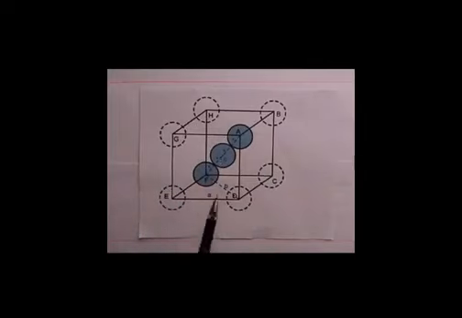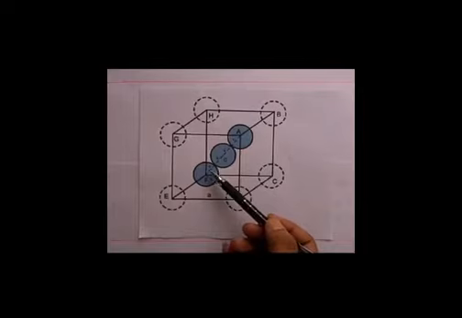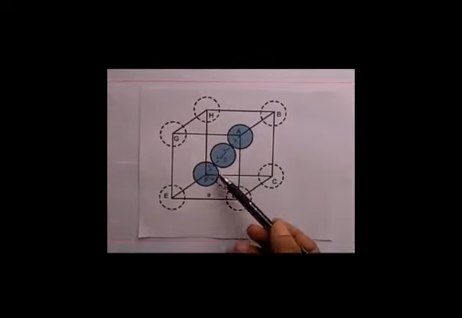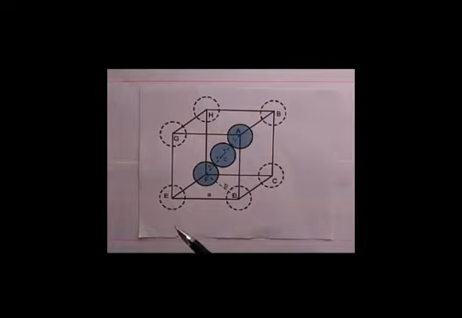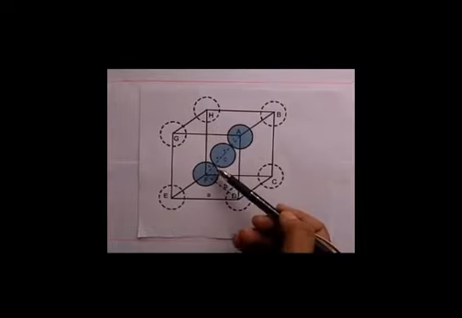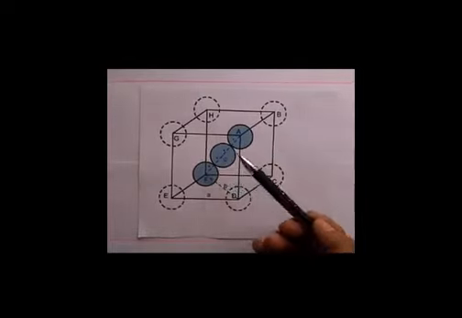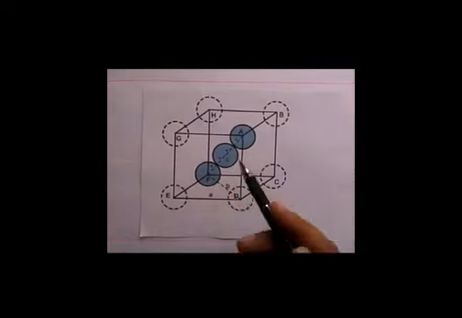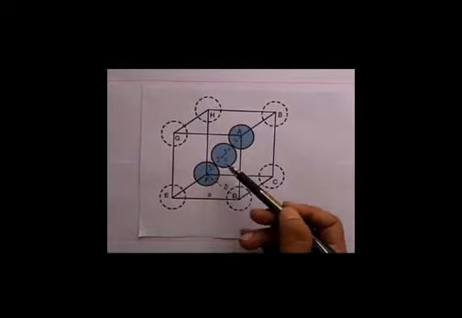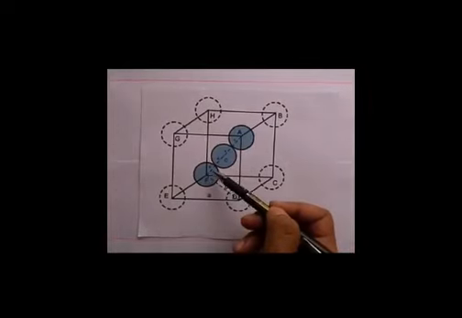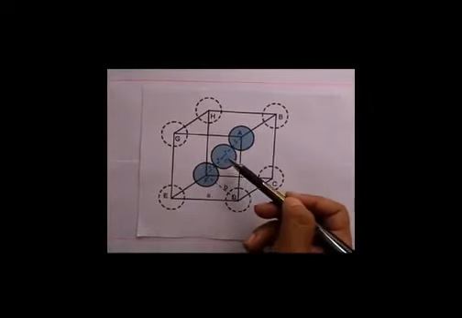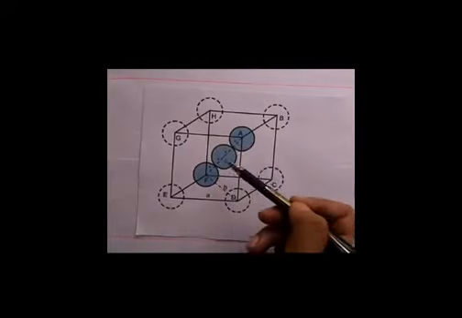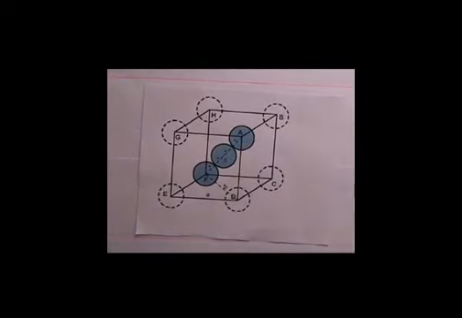This is the body-centered sphere. Now these 3 spheres, which are arranged in a diagonal arrangement, touching each other, since they are equal in size, they have radius r. So the length of this diagonal AF would be r plus r plus r plus r, that is 4r.